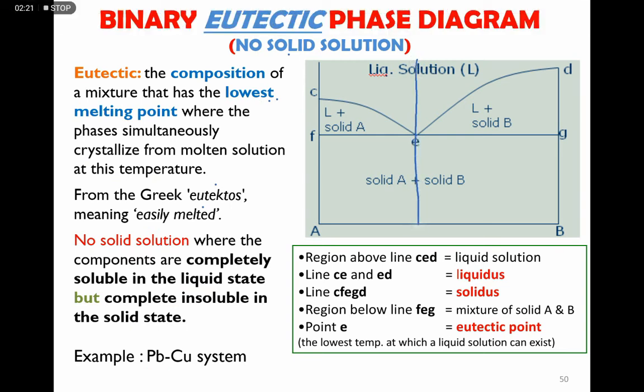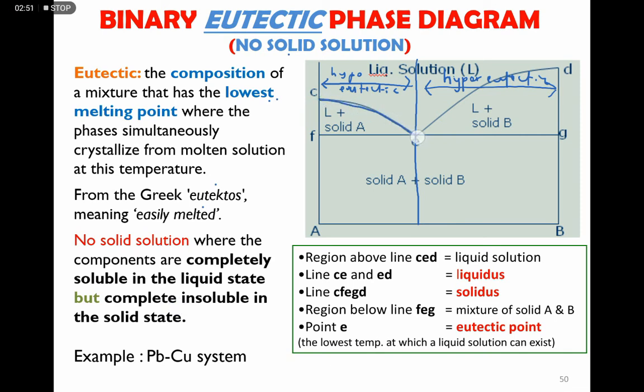Now I divide it by 2. For your left side, we call it hypoeutectic, and your right side is hypereutectic.